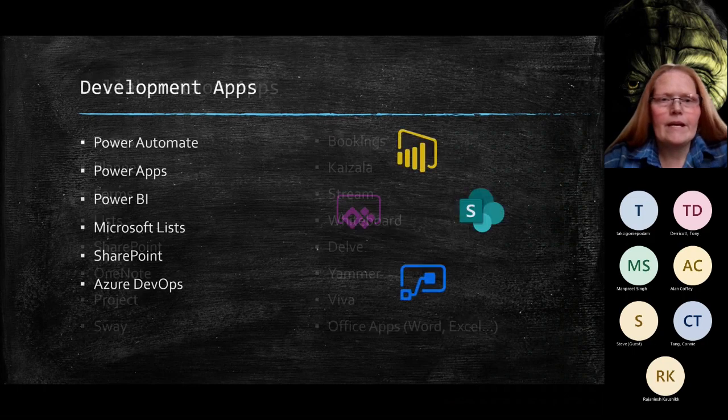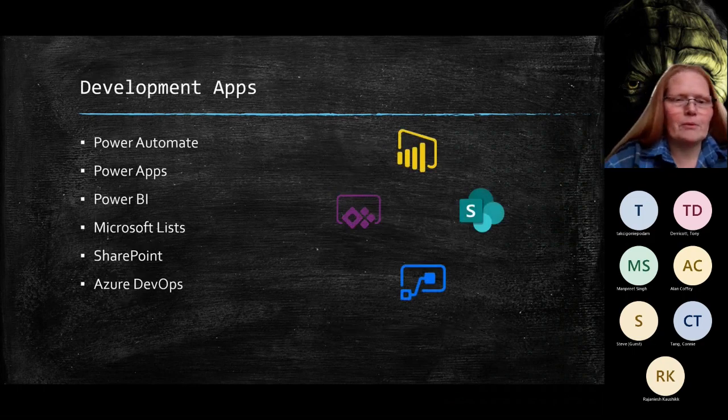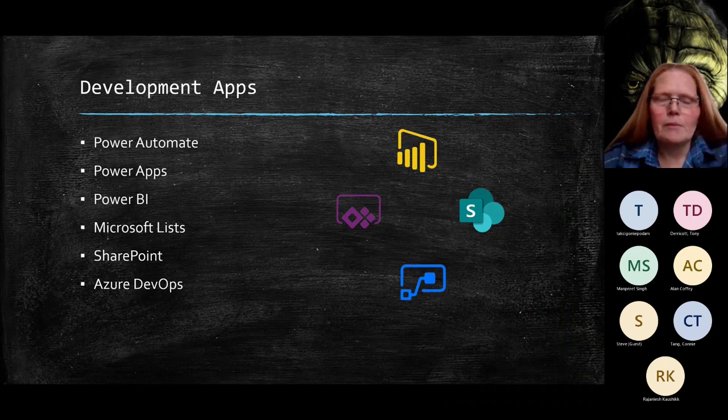Okay. And these are the ones I call the development apps. Now you will see a couple on here that duplicate from the collaboration, and I'll explain. But the main ones for development apps are your Power Platform. So your Power Automate, your Power Apps, your Power BI, right? And you also have Azure DevOps out there as well. But then I also throw Microsoft Lists and SharePoint in here.